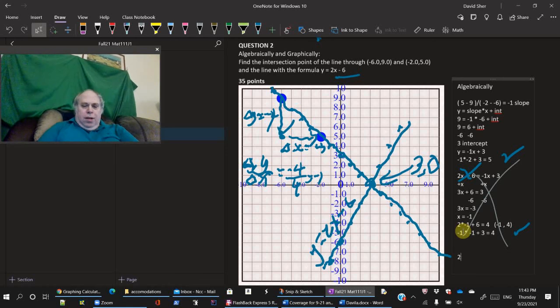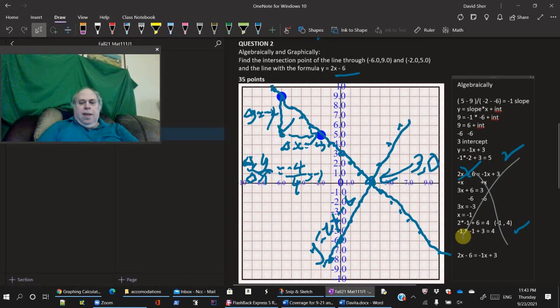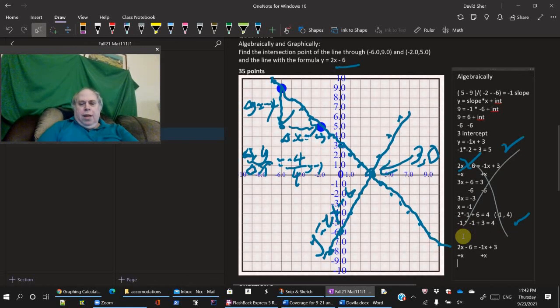Okay, so we'll do 2x minus 6 equals minus 1x plus 3. This time, I'll add x to both sides again, same math here. We get 3x minus 6 equals 3.